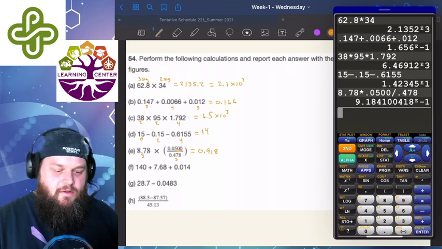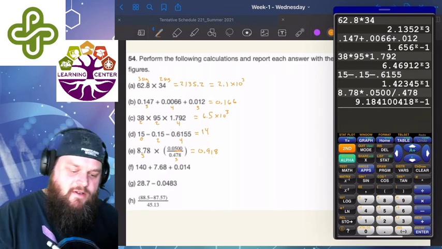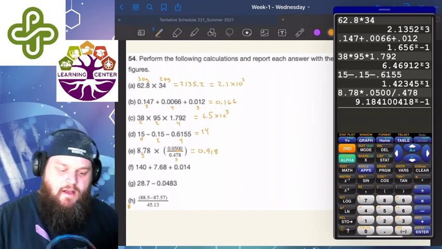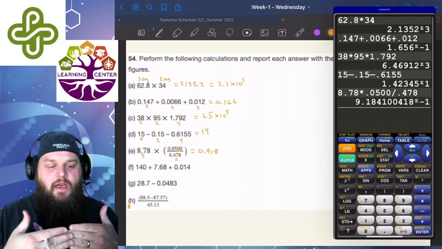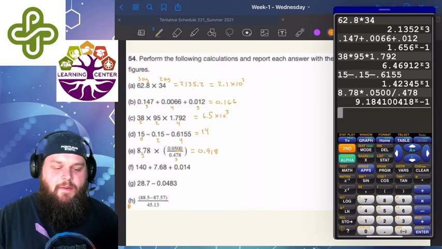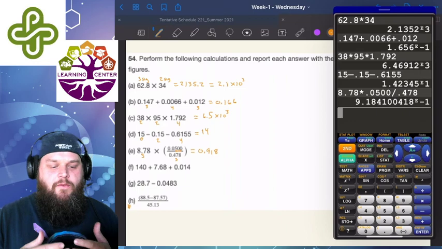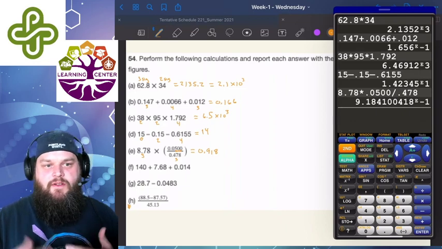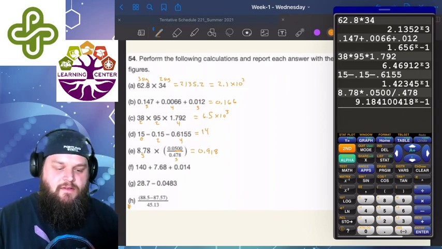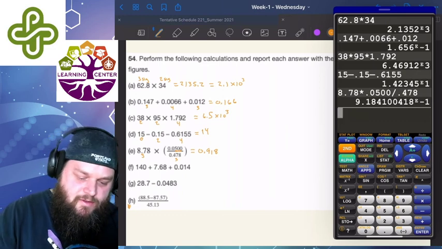I'm going to skip the next 2 because they're very similar to what we did, but part H is a tricky one because it has subtraction in the numerator and then we're dividing. So we need to pay attention to what the significant figures of the numerator should be before we divide, and then do the division and find out our final significant figures. In this case, I could do the subtraction first.